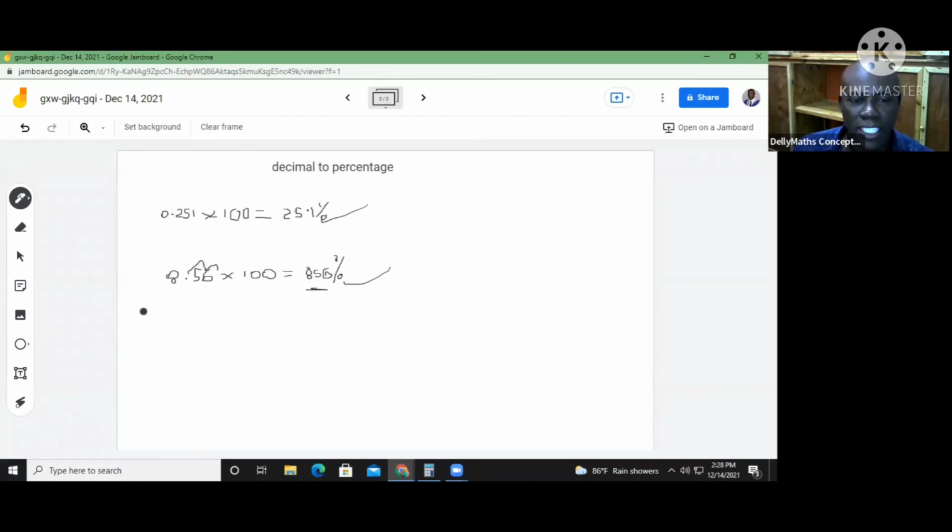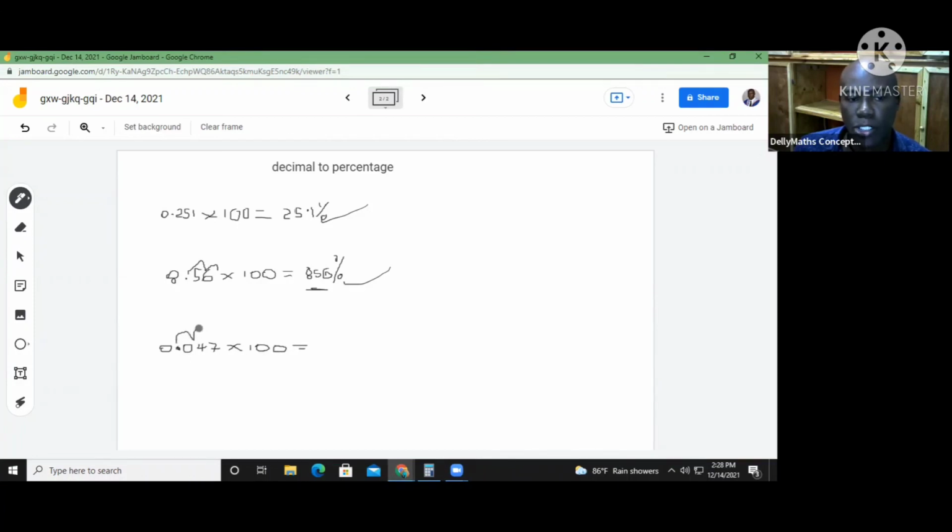All right. Let's check another one. Let us say we find ourselves with 0.047, and we want to convert this to a percentage. What percentage is this? We simply multiply by 100. So the decimal point would have moved 2 places to the right.